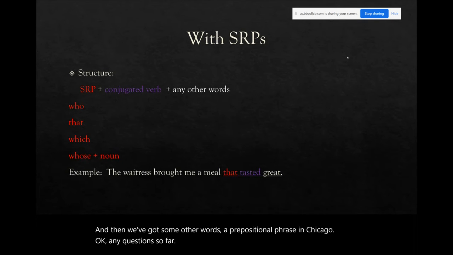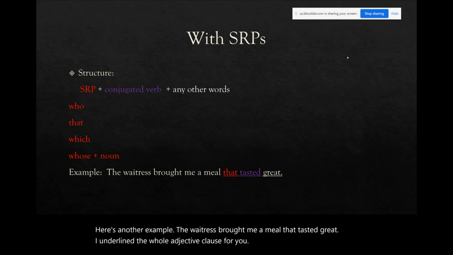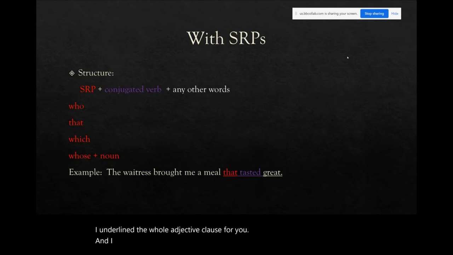Okay, here's another example. The waitress brought me a meal that tasted great. I underlined the whole adjective clause for you, and I have the SRP in red letters, it's that, and then I have a conjugated verb, tasted, and then we have other words like great.